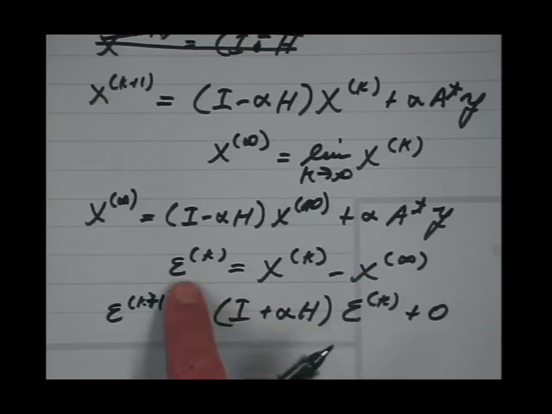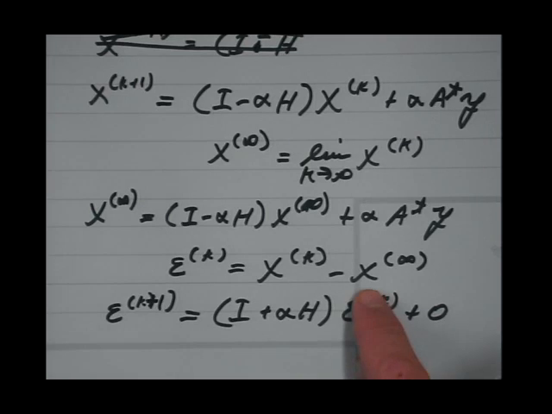Now you have to understand, what is the error here? In this case, epsilon is not the difference between the correct answer and your answer. It's the difference between the MAP estimate and your answer. So x infinity is going to be the MAP estimate, but the MAP estimate is not correct either. So you're breaking down the errors into different pieces. This is a point that's often confusing to students, okay?